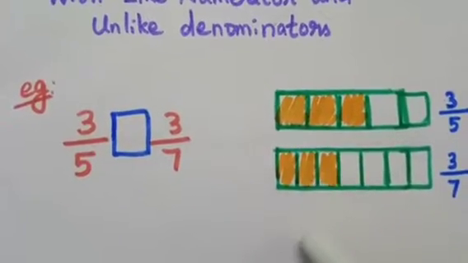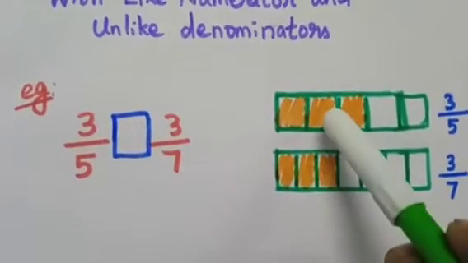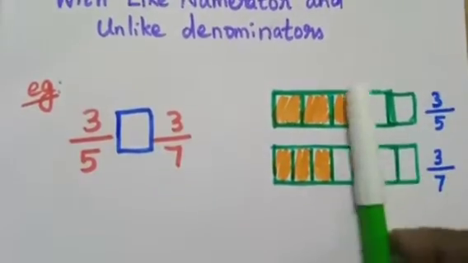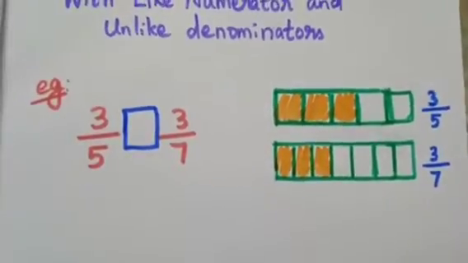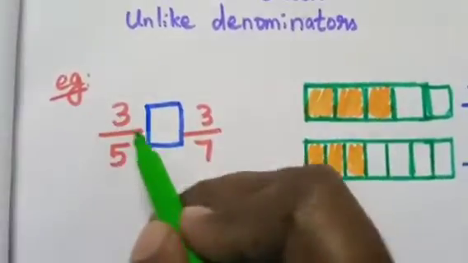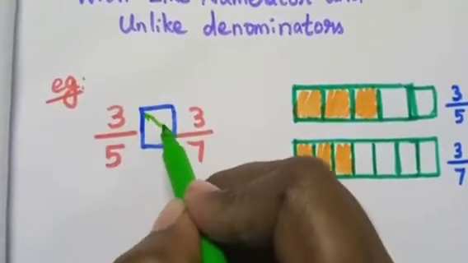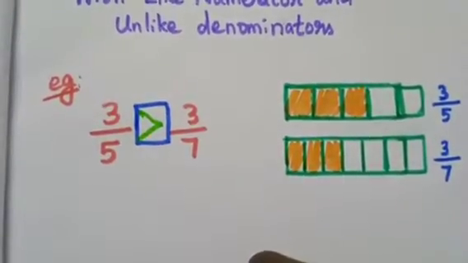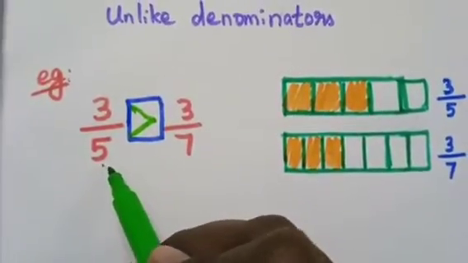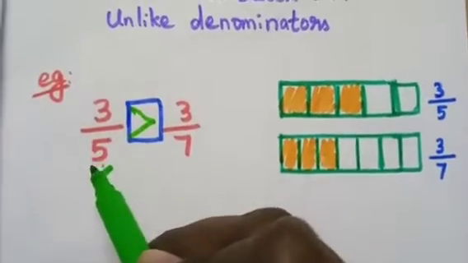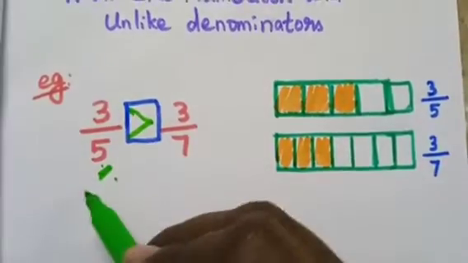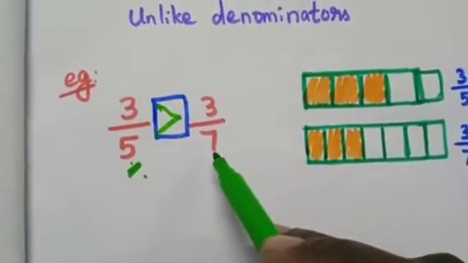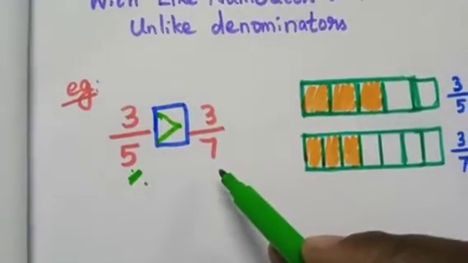See, which is greater? See the figure, 3 by 5 is greater, isn't it? So by seeing this, we can know that 3 by 5 is greater. So the wide open mouth should be towards 3 by 5. If the denominator is small, then that fraction is greater, and the larger denominator becomes the smaller fraction.